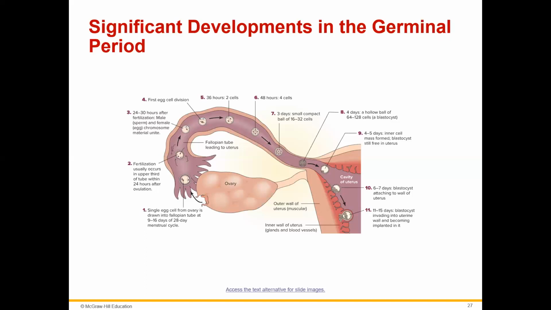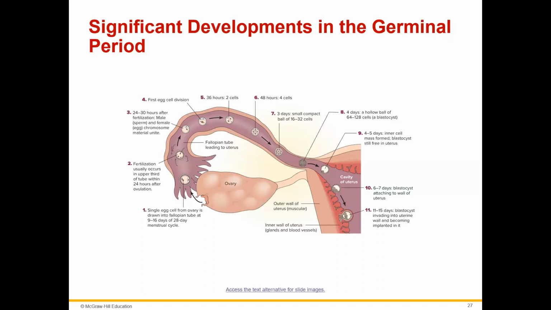And finally, you can see over at number 9 where the mass has now become a blastocyst surrounded by the trophoblast, an inner cell mass with an outer ring of cells around it.